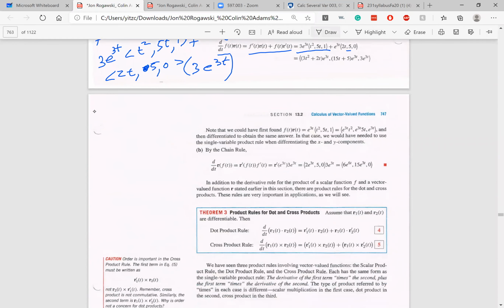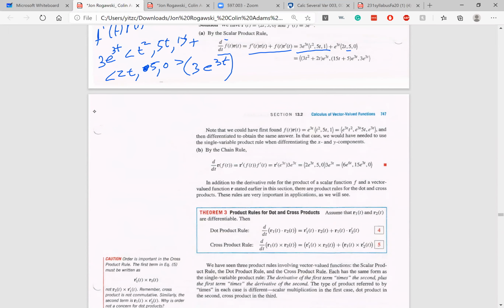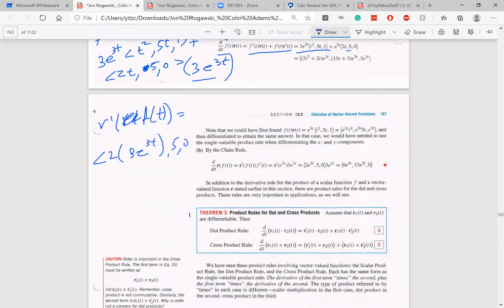So now for the chain rule. So again, the r prime of f of t is going to be equal to, so the r prime is 2t, 5, and the f of t is e to the 3t. So this is going to end up being 2, e to the 3t, 5, and 0.